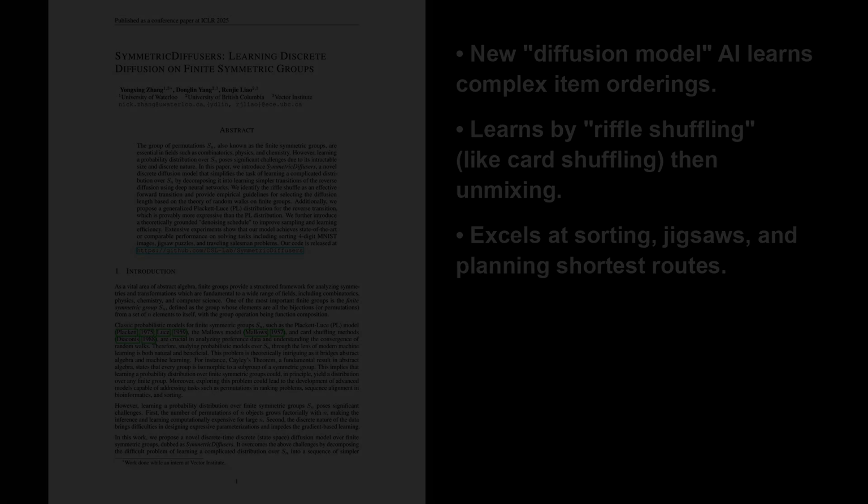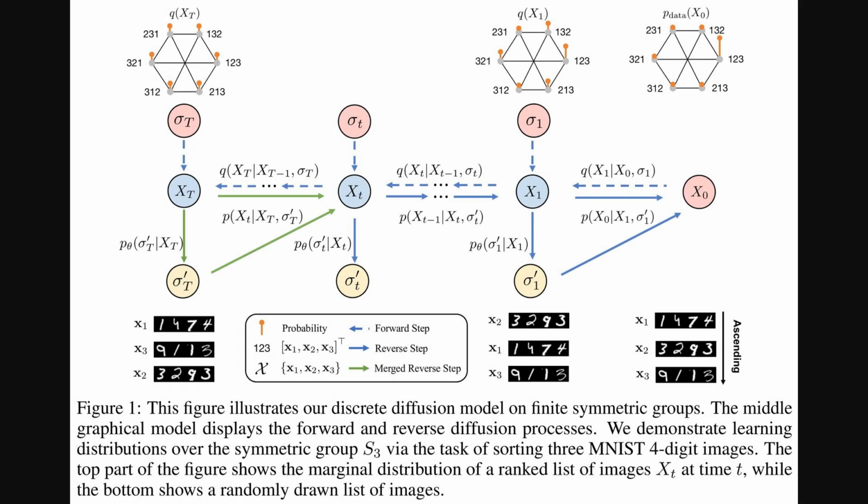Okay, so this first figure really helps visualize their approach. We see this process, called a discrete diffusion model, applied to finite symmetric groups. Remember, those are all the possible orderings of a set of items. The diagram shows how an ordered set of images, perhaps 3 handwritten numbers from the MNIST dataset, which is a common collection of digit images, gets progressively mixed up.